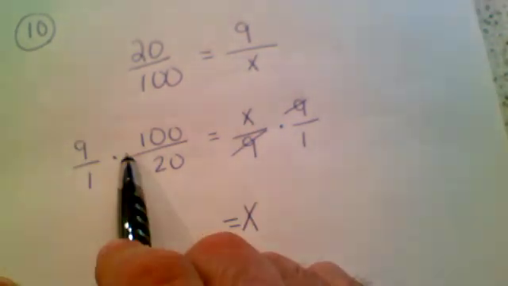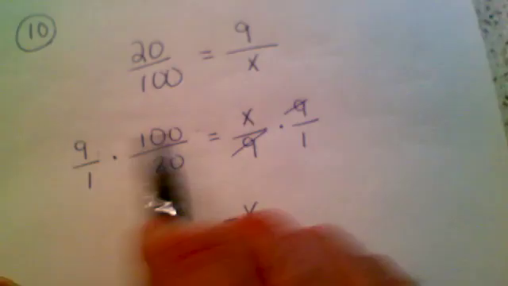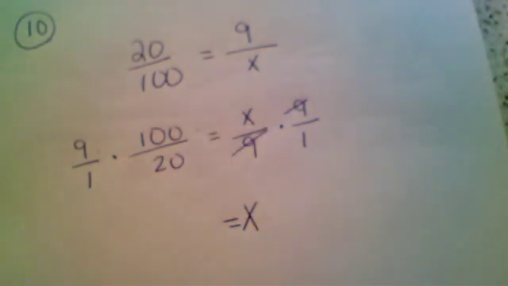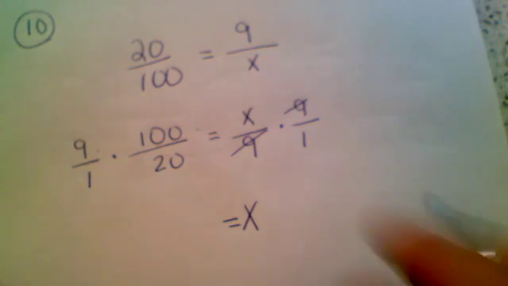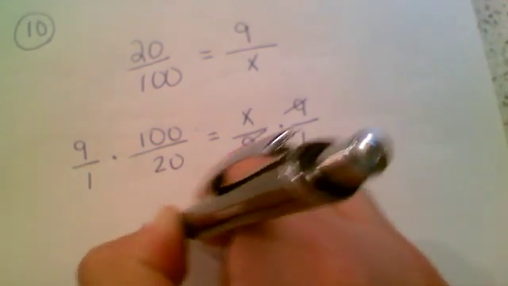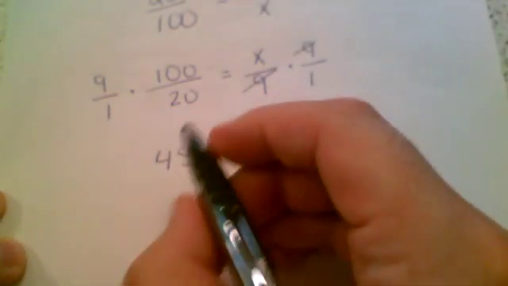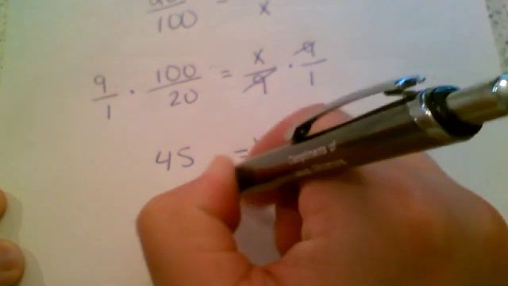And here we have 9 times 100, so 900 divided by 20. So we get 45, and we're talking about grams of protein.